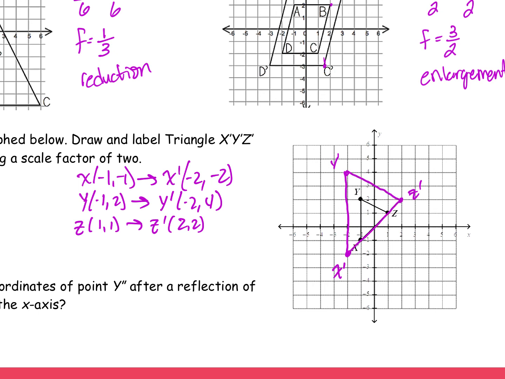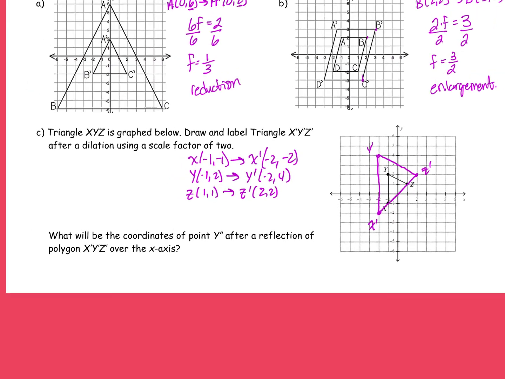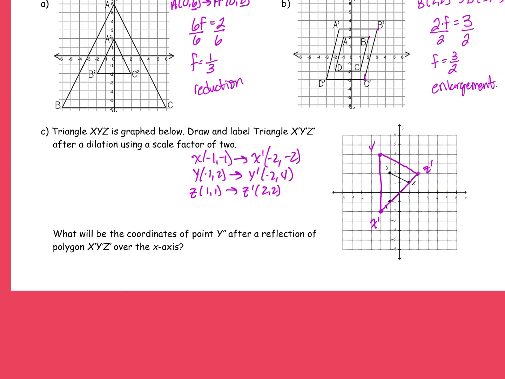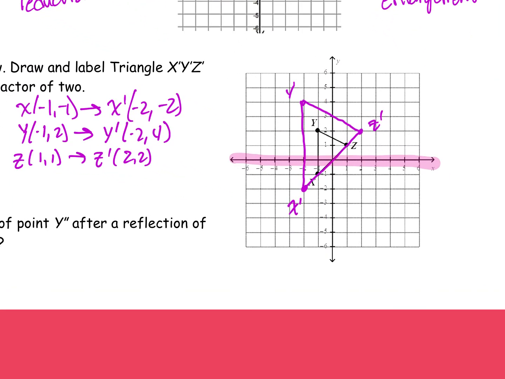Okay, so there's my new triangle, but then the second part says, I'm going to reflect it over the x-axis. So I'm going to reflect it over this axis. And I only want to know where y is. So I don't have to do anything else, just y double prime. I know that y prime is located at negative 2, 4.